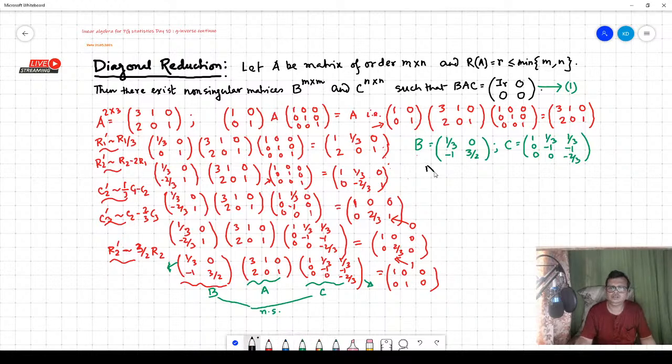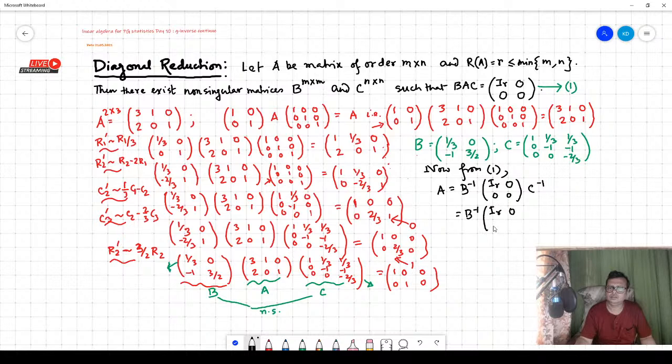Now from 1, since B and C both are non-singular matrices, I write A as B inverse, IR 0 0 0, C inverse, and this is equal to B inverse IR 0 0 0, IR 0 0 0 C inverse.